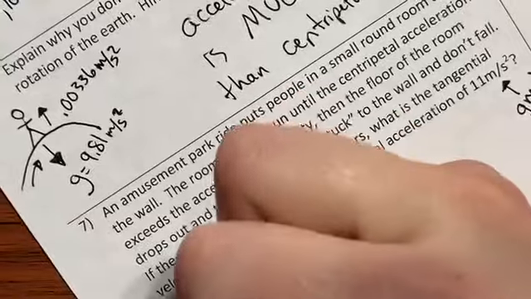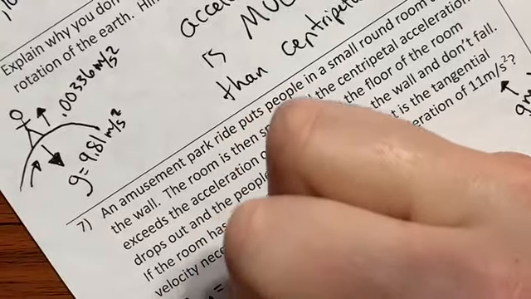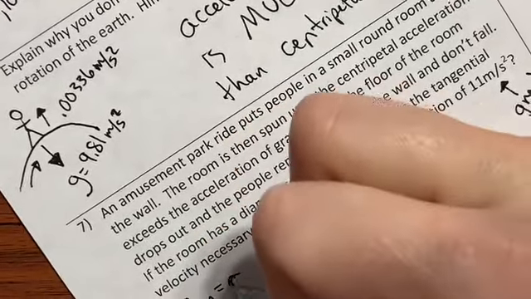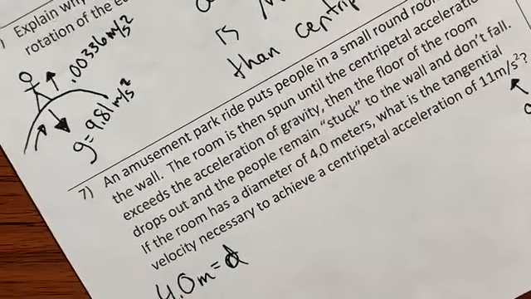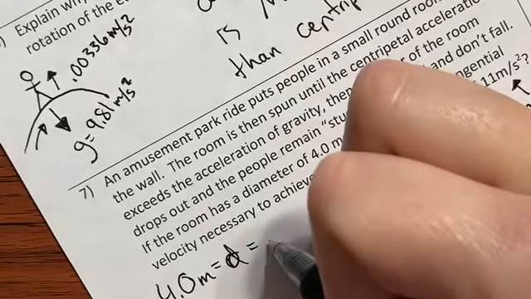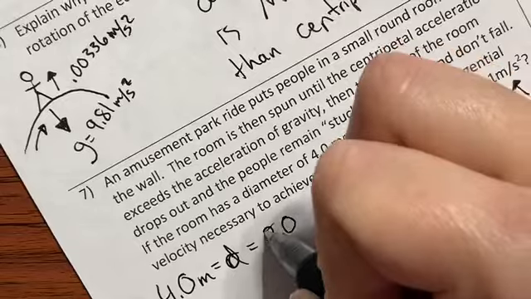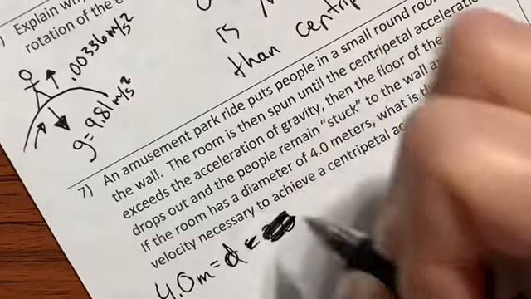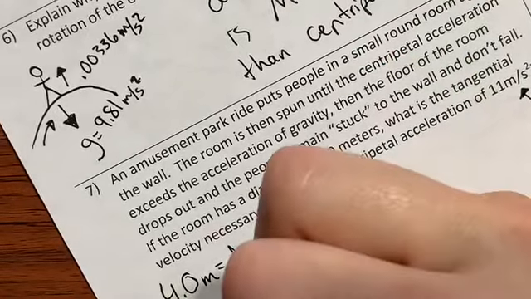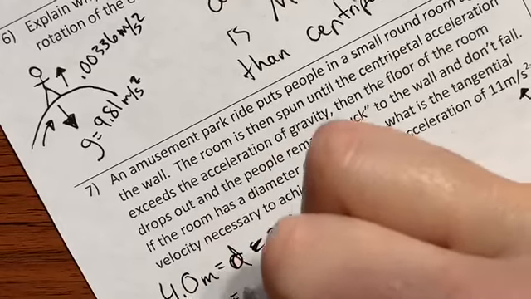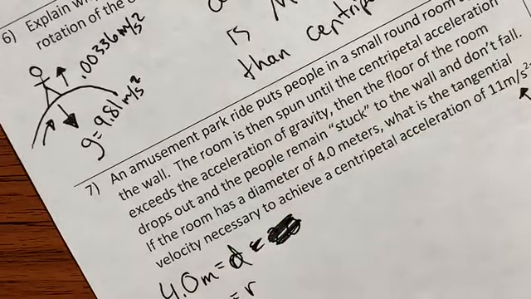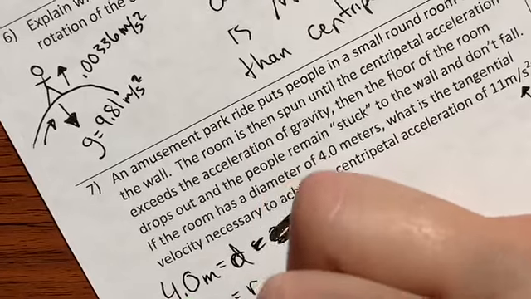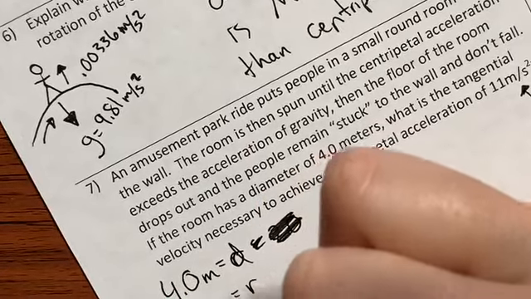Okay, so we have 4.0 meters. That's the diameter. We need radius. So 2.0 meters would be radius. Okay, we have 11 meters per second squared.